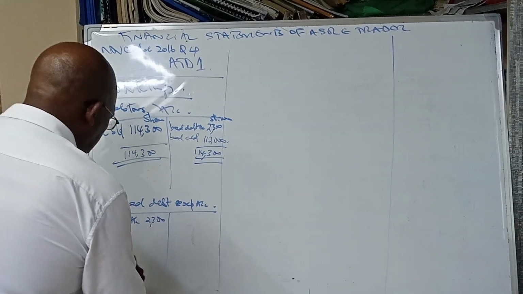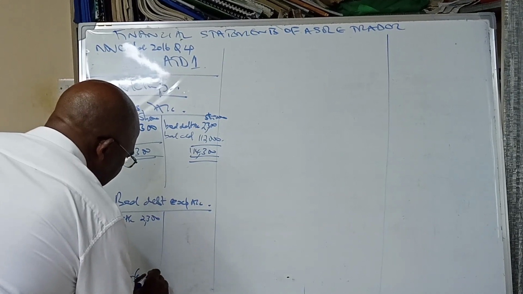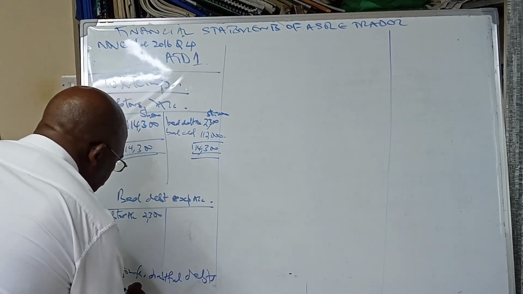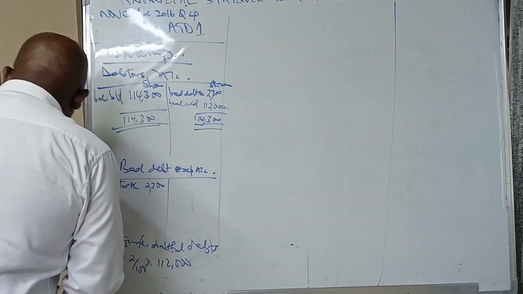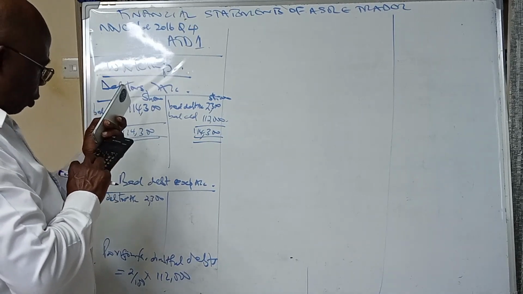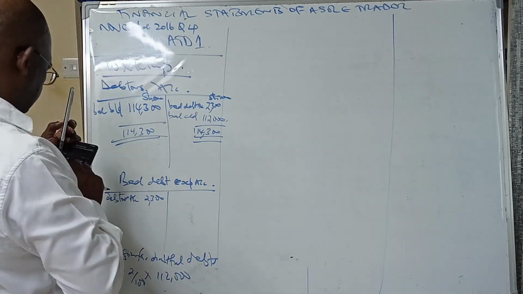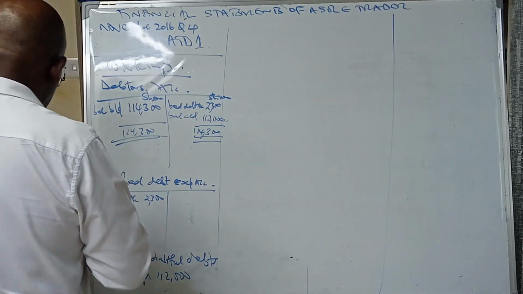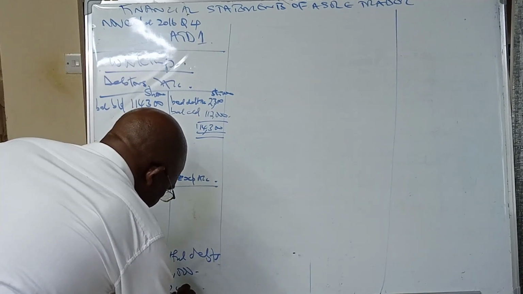So the provision for doubtful debts is 2% of 112,000, which is 0.02 of 112,000, and we get a figure of 2,240,000.